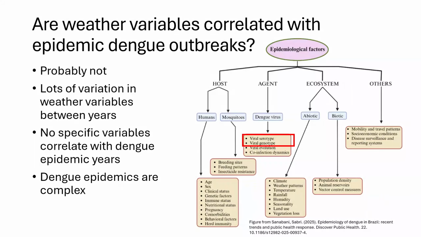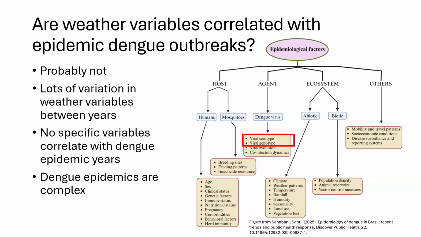And if you get one serotype, you likely have mild flu-like symptoms. But if you get a second serotype, you are more likely to develop a severe case with severe symptoms that is then more likely to get reported. So a lot of times we see that epidemic outbreaks don't happen unless there is exposure to new serotypes of dengue virus, regardless of other factors.